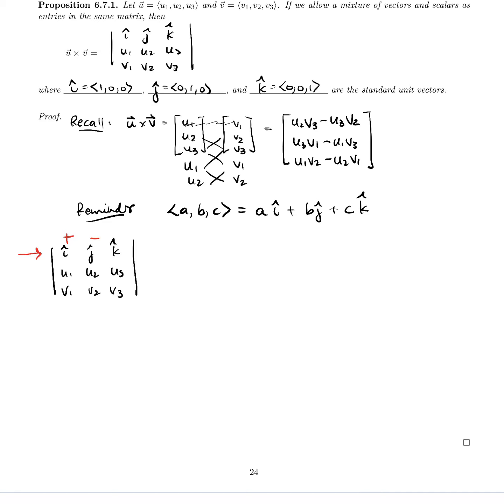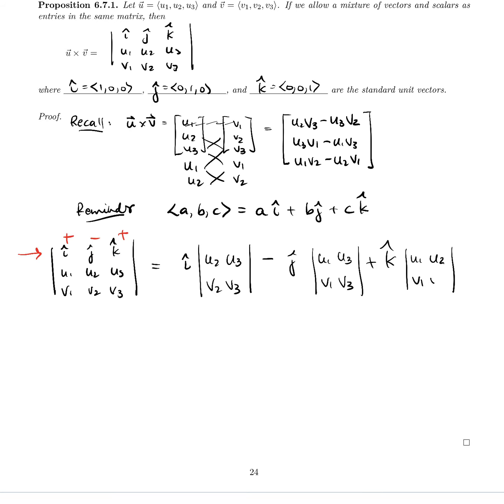So we're going to have our grid plus, minus, plus, and so our cofactor expansion is going to be the entry i hat times the minor, if we remove the row and column of i hat, so u2, u3, v2, v3, minus j hat, and we remove the row and column of j hat, so we get u1, u3, v1, v3, and then finally plus k hat, and the minor when we remove that, u1, u2, v1, v2.